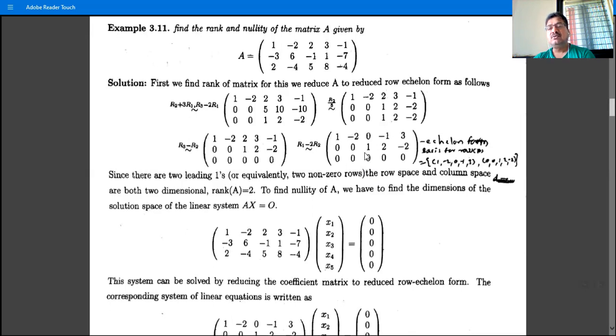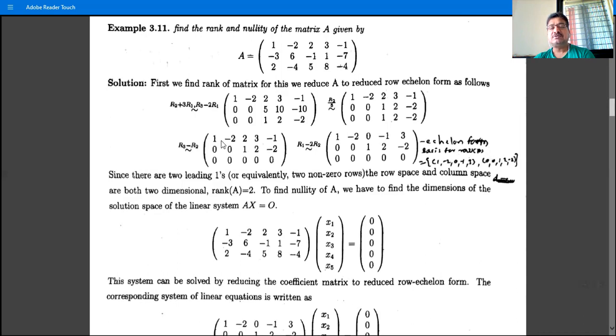Actually, we have to write either the echelon form or the reduced row echelon form in order to write the basis for the row space of A. Actually, the column space and row space both are to be written here. So write this echelon form, and then what is the basis for the row space of A?